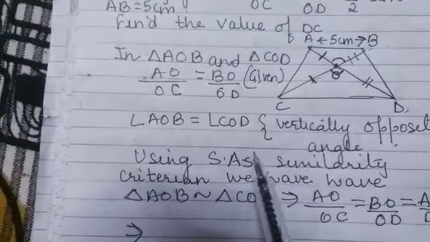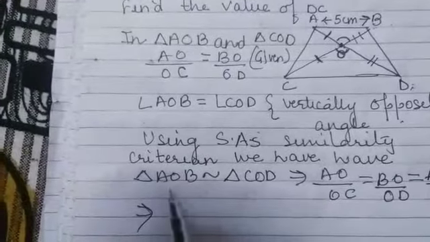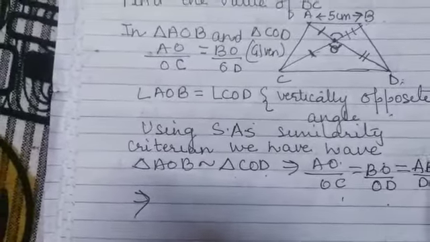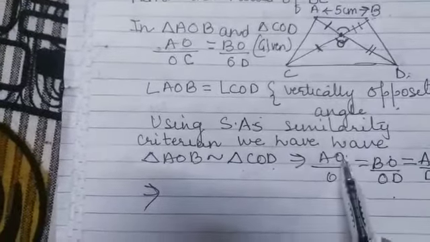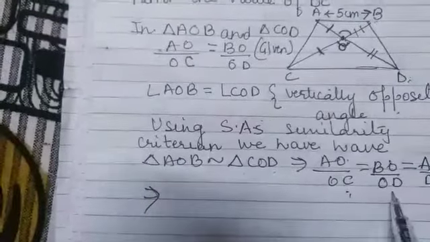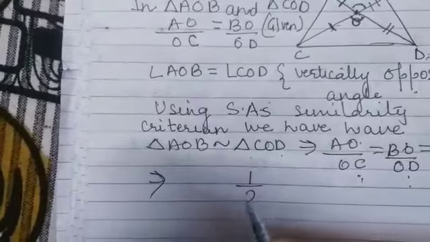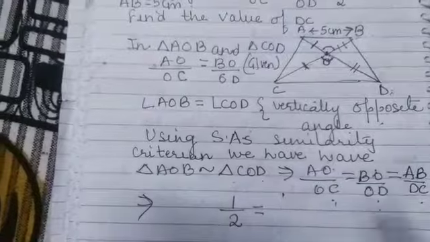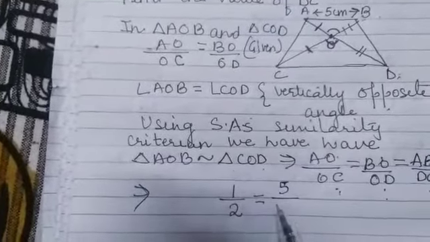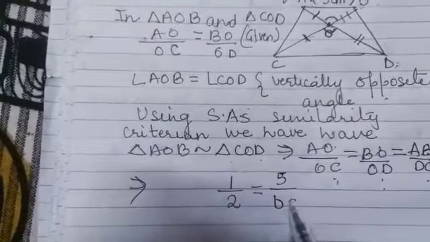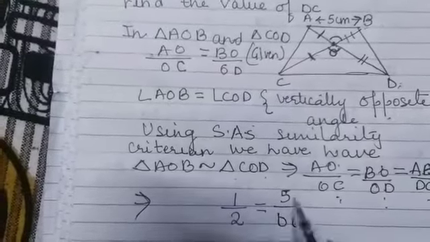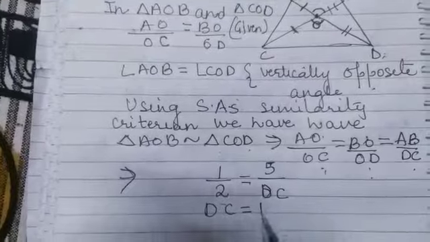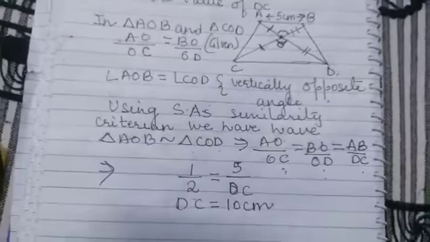We have triangle AOB similar to COD, so AO upon OC is equal to BO upon OD is equal to AB upon DC. Now we know AO upon OC is equal to BO upon OD, that is given to us as half. AB is given as 5 centimeter. So AB is 5 centimeter upon DC. So cross multiply. DC will be equal to 10 centimeter.